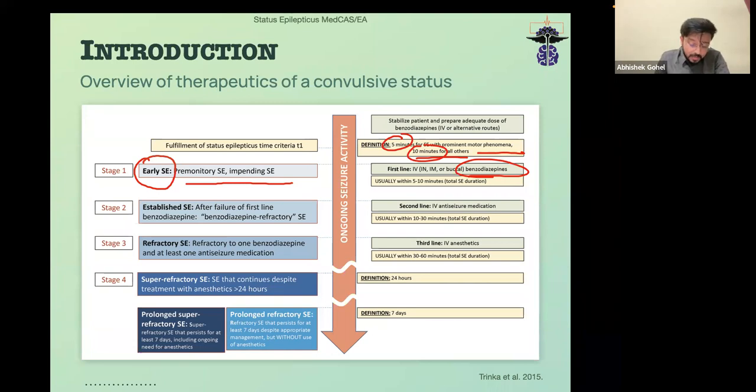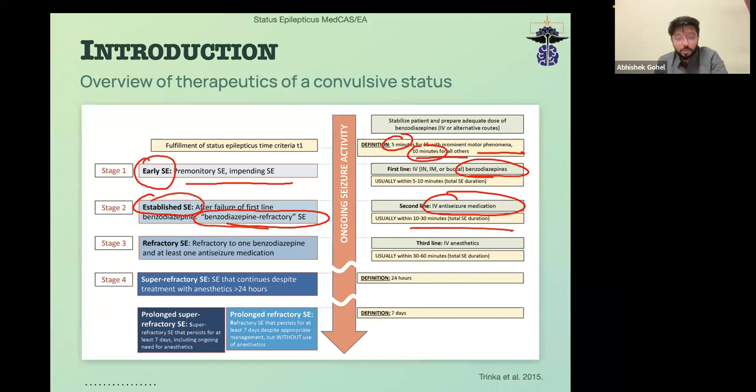And after benzodiazepine, if the status activity continues, we call it established status epilepticus. Now, you don't wait. Once it is refractory to benzodiazepine, we give an anti-seizure medication. That is again within 10 to 30 minutes of the onset, total status epilepticus duration.